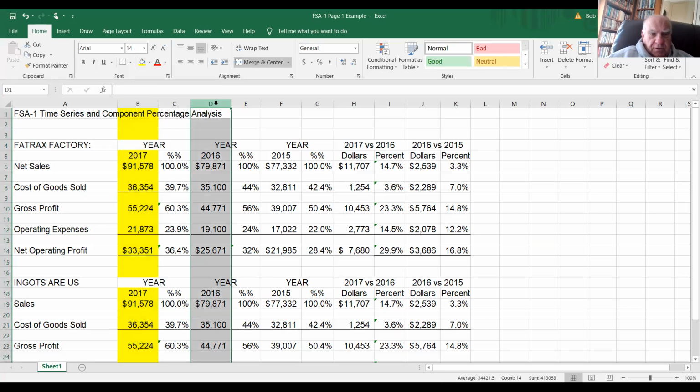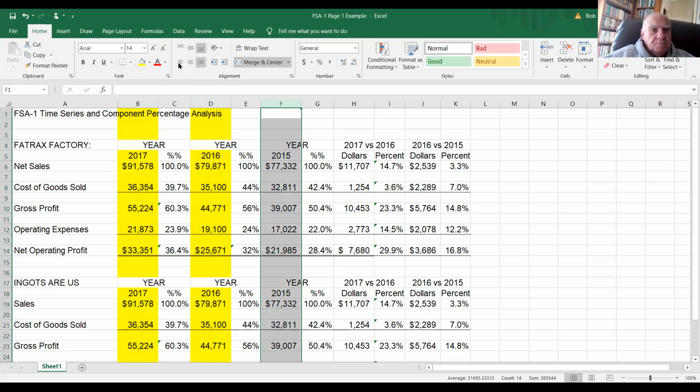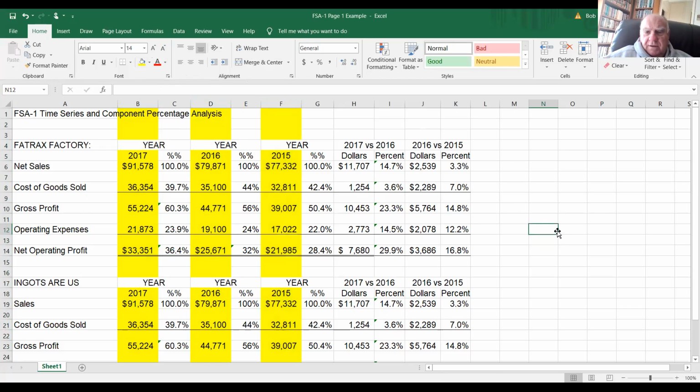Don't chicken out. You get the information for here. What I highlighted in yellow is the set of columns that you are going to fill in just by going to the annual report of each company.